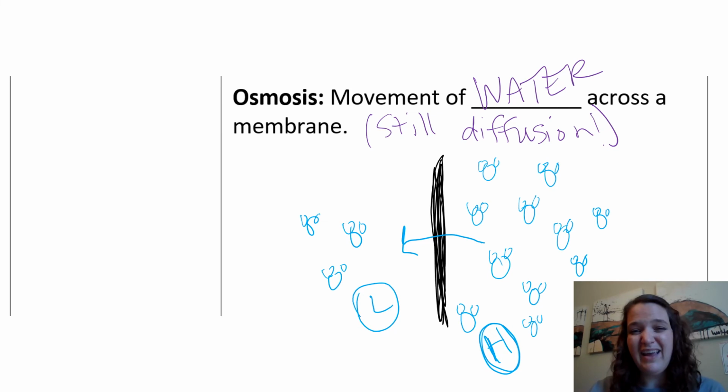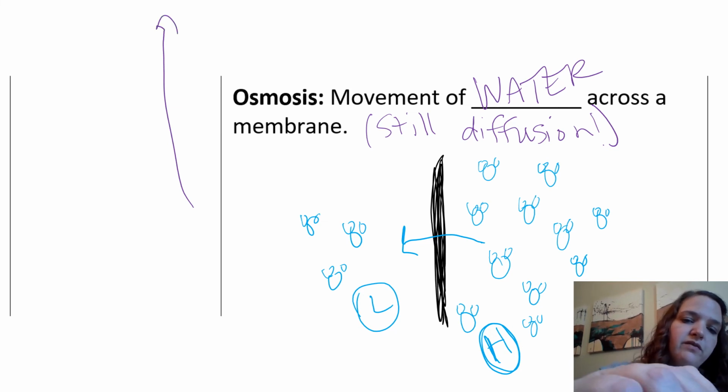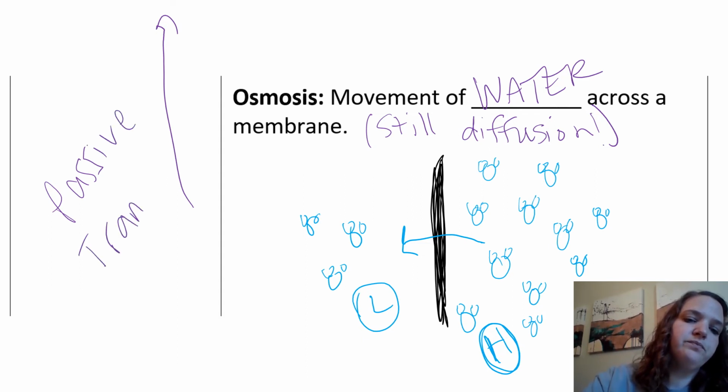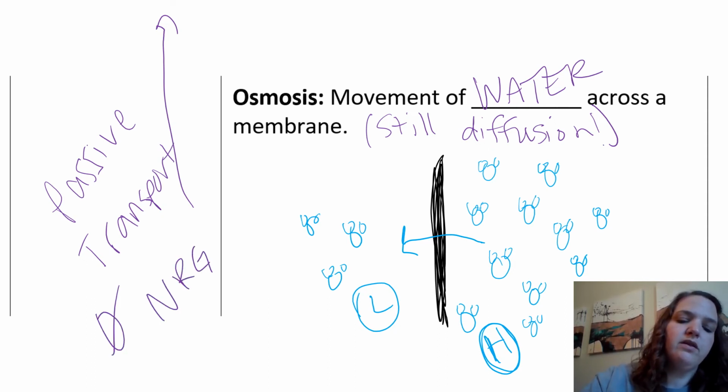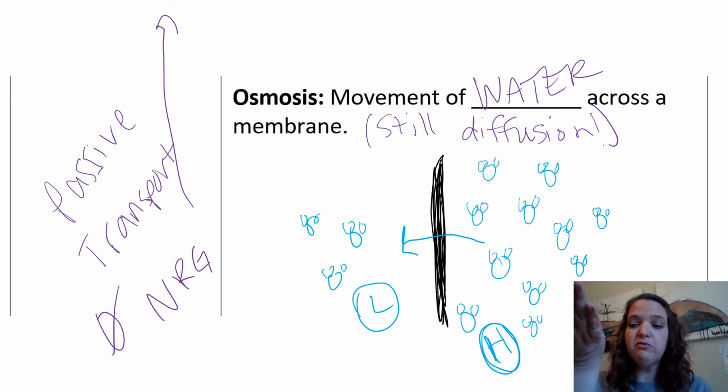Both diffusion and osmosis are considered passive transport. And that just means that they do not require energy, right? Passive transport does not require energy. It just naturally moves from high concentration to low concentration, and no energy is involved.